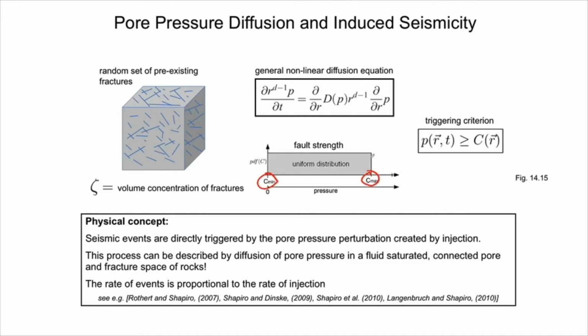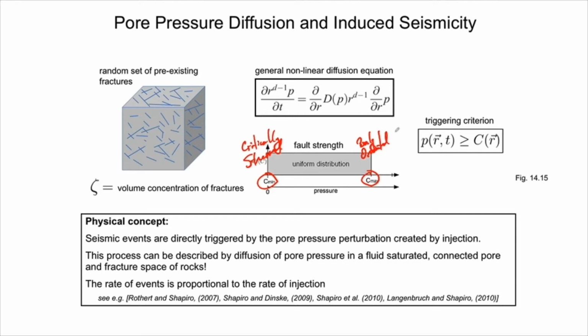Now, I would call a very weak fault a critically stressed fault. In other words, it's just at the right orientation for slip. And I'd call a strong fault a fault that's very poorly oriented for slip. But nonetheless, the terms are different, but the concept is the same.